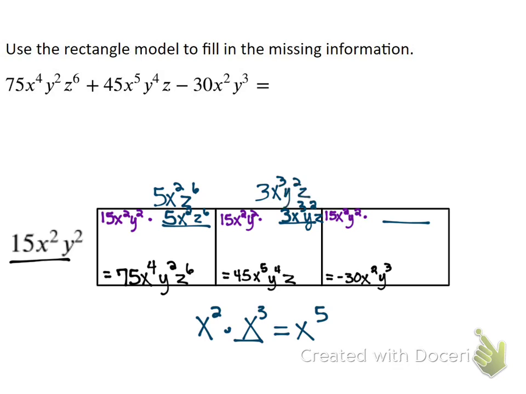And then the last one, Logan. Oh, Logan, I'm kind of giving you a tricky one. No, you can do it. So I have 15x squared y squared times something will get me to negative 30x squared y cubed. So let's break it down. Let's do our numbers first. 15 times what will equal negative 30?